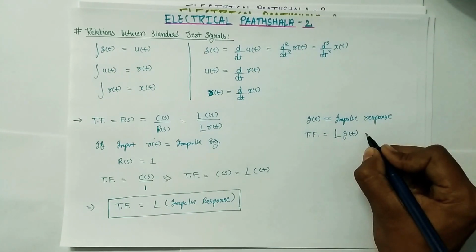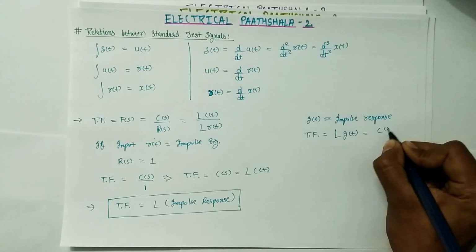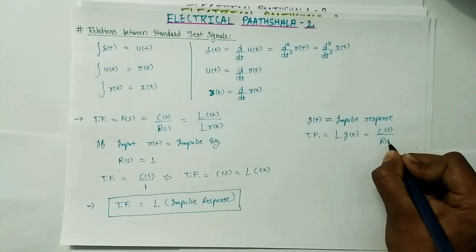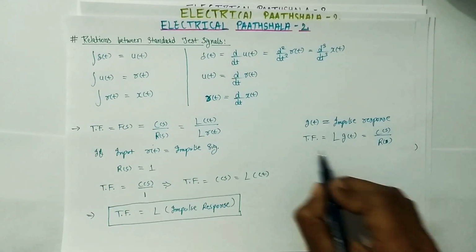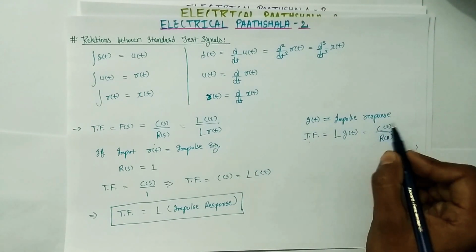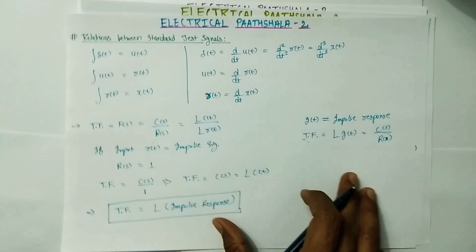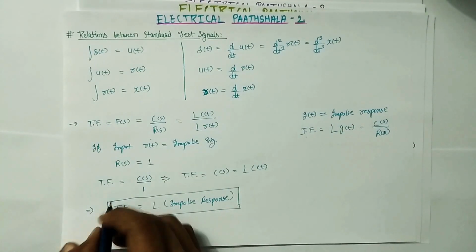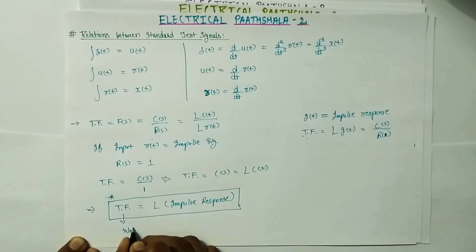And once we get the transfer function, you know that it is given by C(s) by R(s). So for any given input, once the transfer function is known, the output of the system can be found out. So that is the importance of this formula, and this is also known as the weighting function.